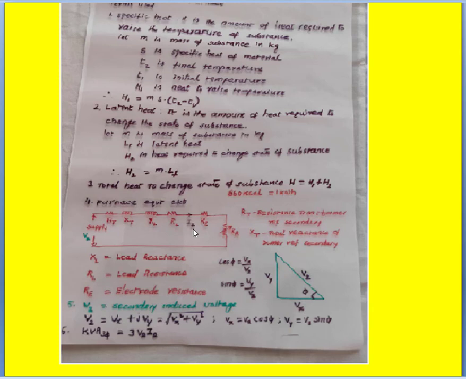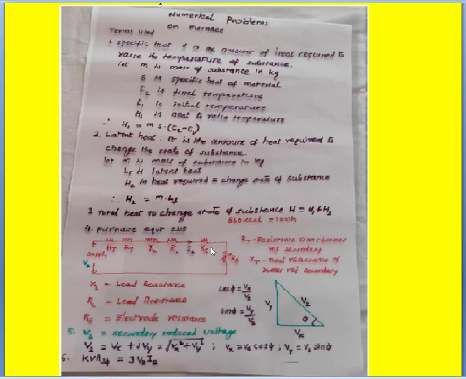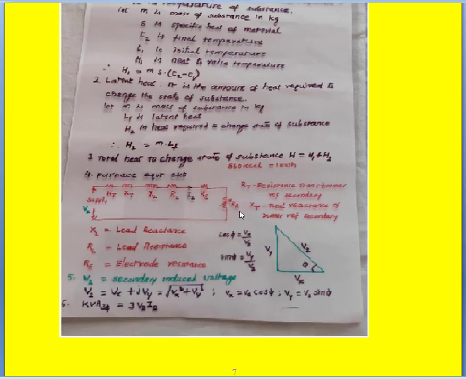Next, I2 is the secondary current or the current flowing in the furnace. Next, RE. It is the electrode resistance. Here RA. This is the arc resistance.